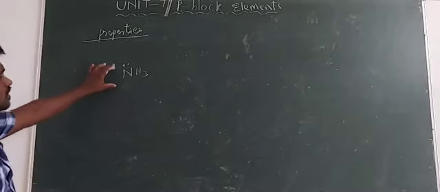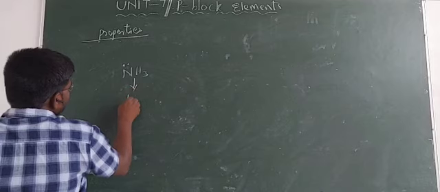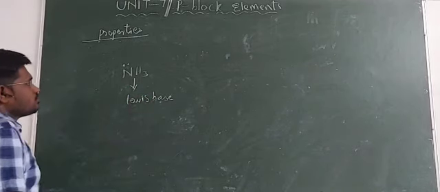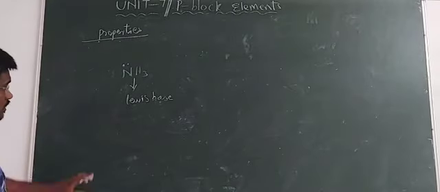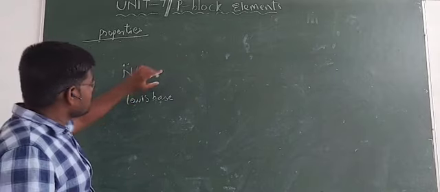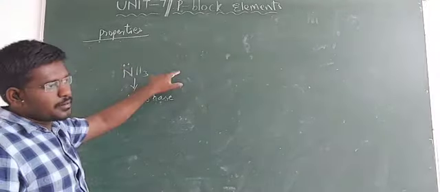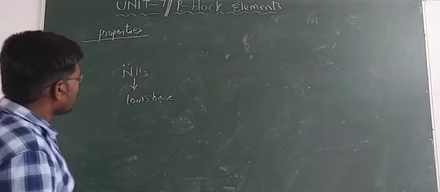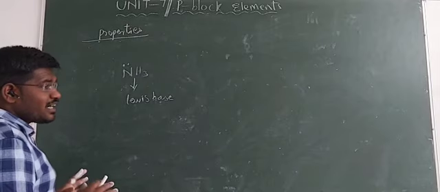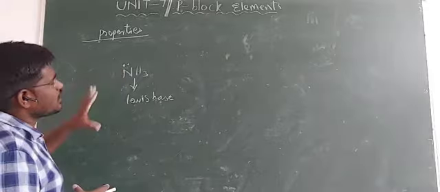Due to the presence of this lone pair, it acts as a Lewis base. So when vacant sites are available, by using the lone pair, it forms a coordinate covalent bond. So ammonia is used to detect metal ions.